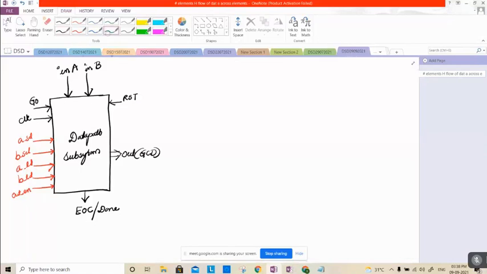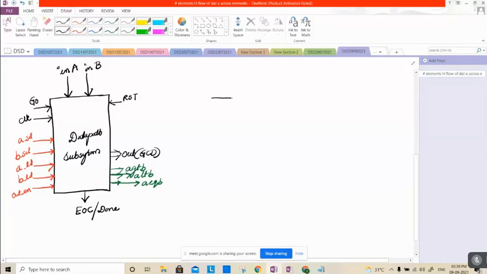And this is going to generate three intermediate outputs: A greater than B, A less than B, and A equal to B. These three are the intermediate outputs, which don't appear across the overall system.